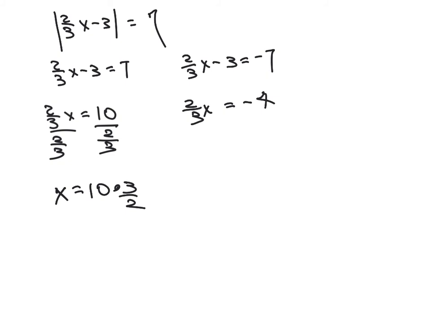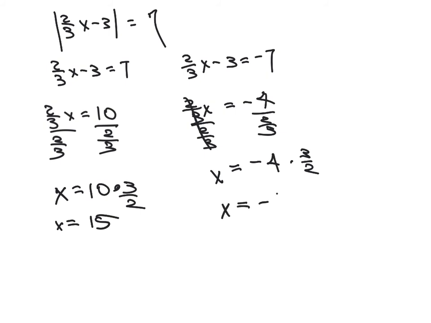We invert and multiply, which gives us x equals 30 over 2, which is 15. Up here we do the same thing. Those cancel. X equals negative 4 times 3 over 2, invert and multiply. That's negative 6. So we get two answers there.